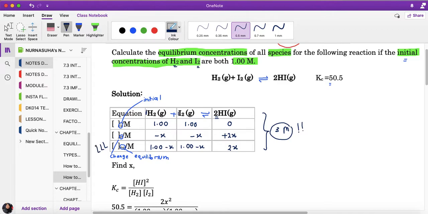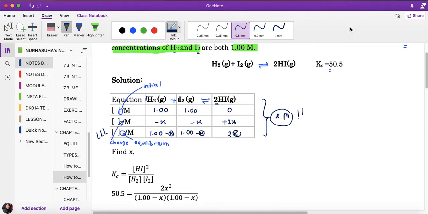Because the question wants the concentration at equilibrium, here. Okay, but to get the concentration at equilibrium, we need to get the value of X. So, how do we find X? We will find it using the Kc formula. Okay, it gave Kc, right? Kc we know is the equilibrium value. So, use the formula: concentration of product to the power of 2 divided by concentration of H2 and I2.